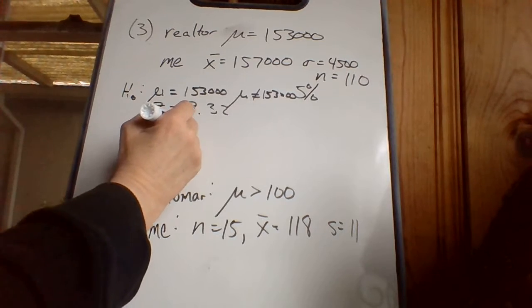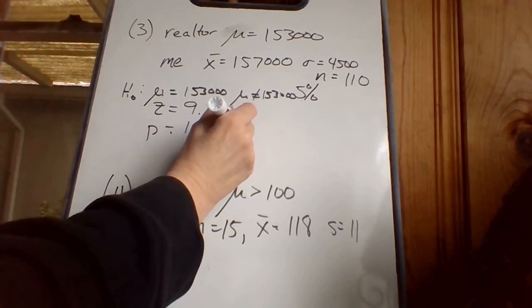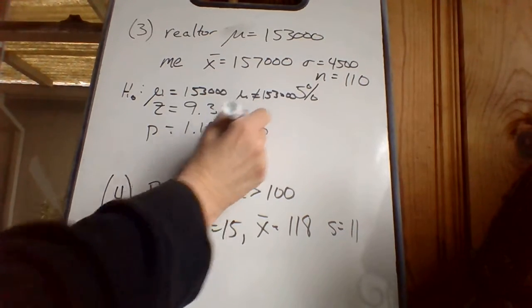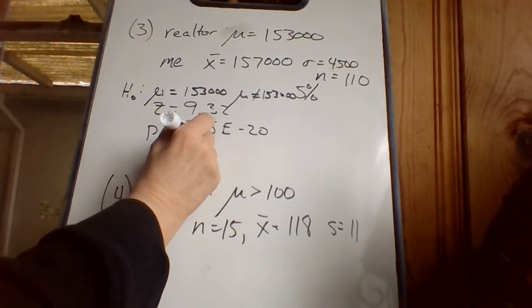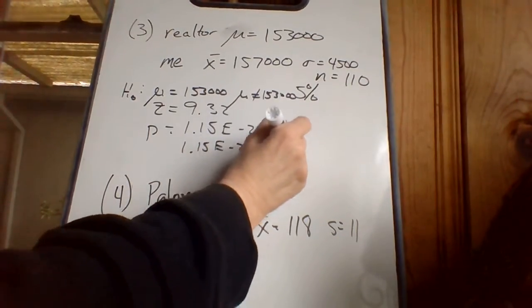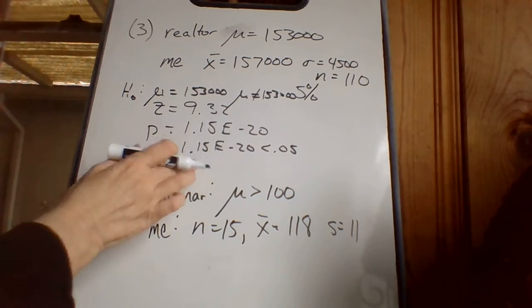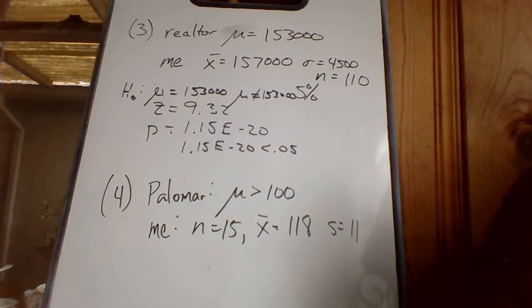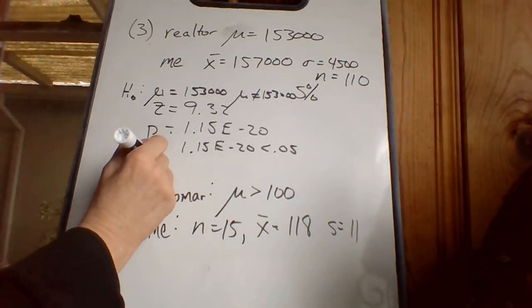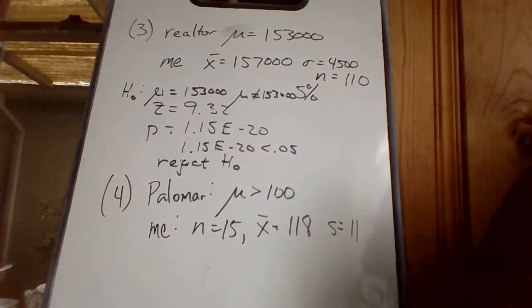P is 1.15 e negative 20. That is a really small number. 1.15 e negative 20 is less than 0.05. It said 5% in the problem, and even if it doesn't, that's the industry standard. So this is the chance that they're right. They're just not right. So reject H0.